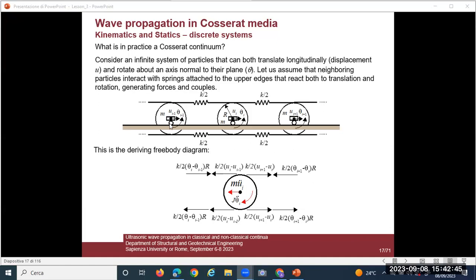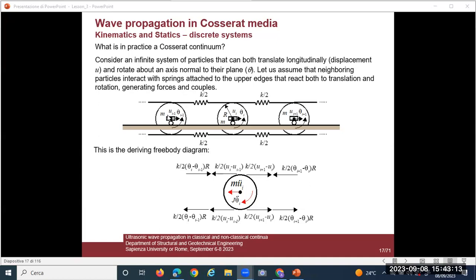In fact, you see I put this small wheel, but they can also rotate. They can rotate according to an axis which is normal to the plane. Okay, so the configuration of one of these small rigid wheels is described both by its axial displacement and its rotation.